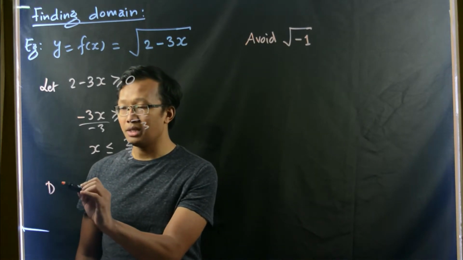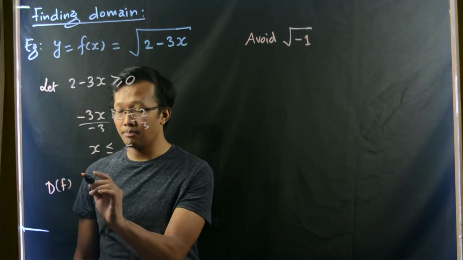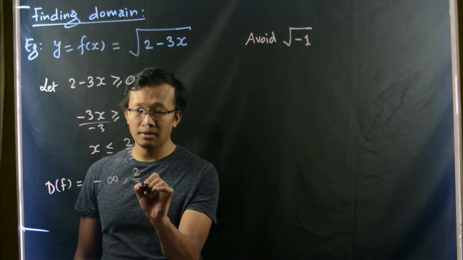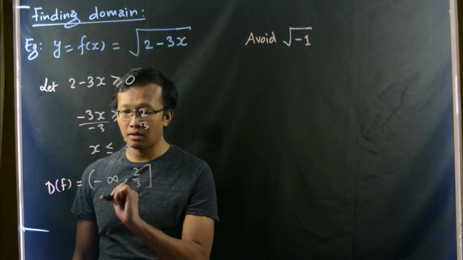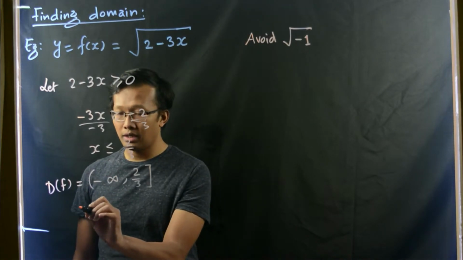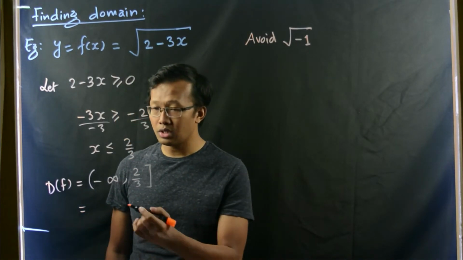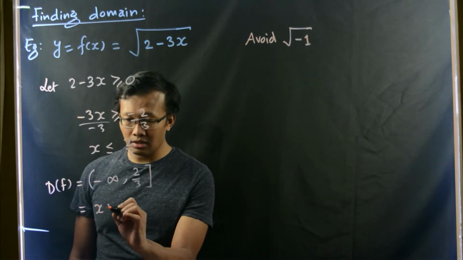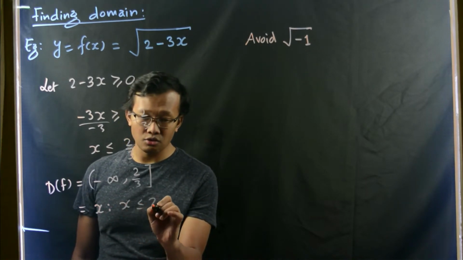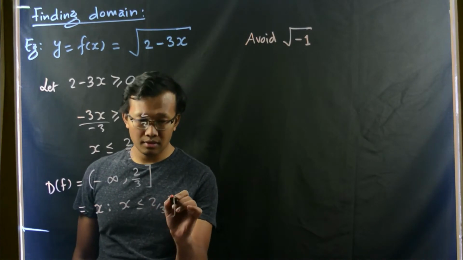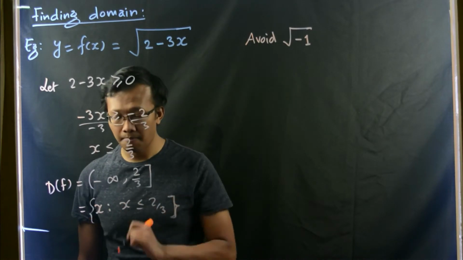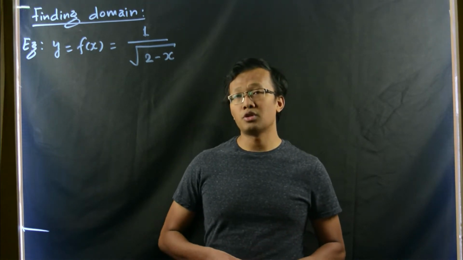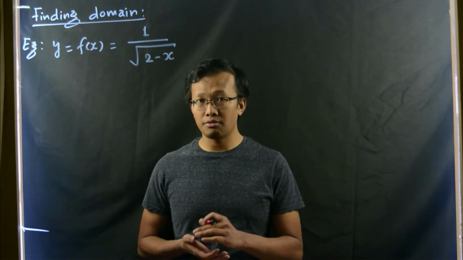Then the domain of this function is simply negative infinity up to 2 over 3. In other words, you can write it this way: x such that x is less than or equal to 2 over 3, in set notation.